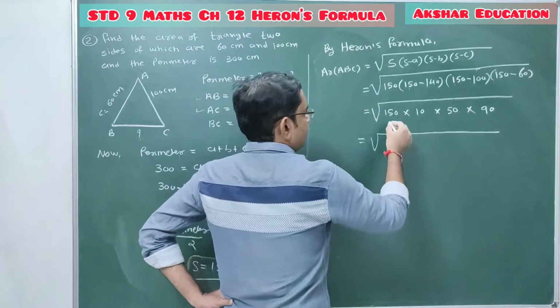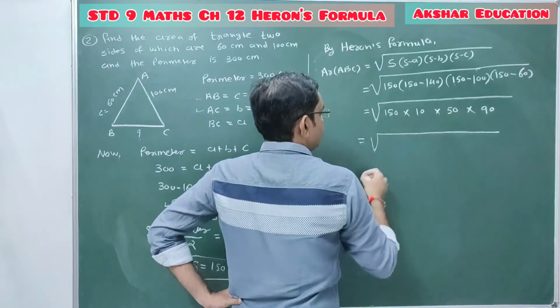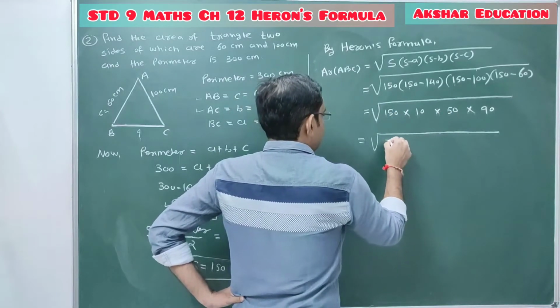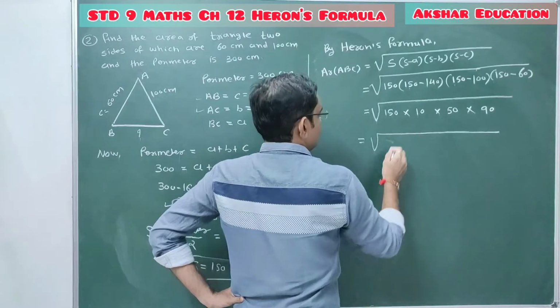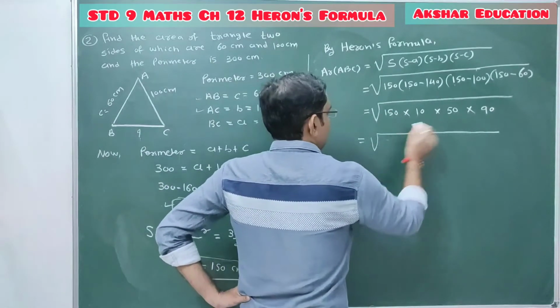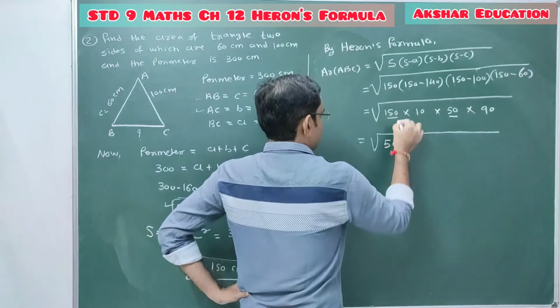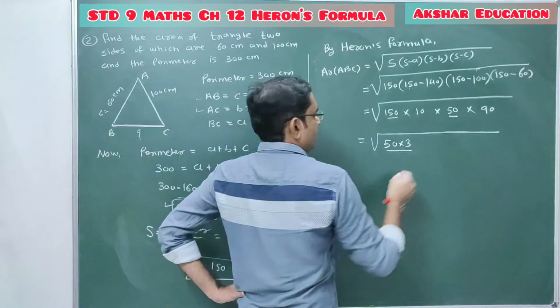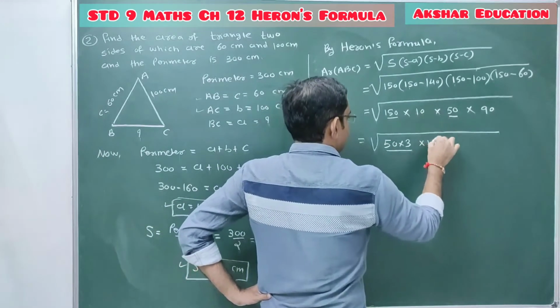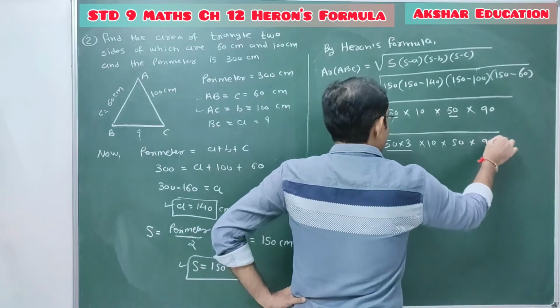So here we can see that this is 150, so we can write 150 as 50 multiplied by 3. This 10 as it is, this is 50, and this is 90.